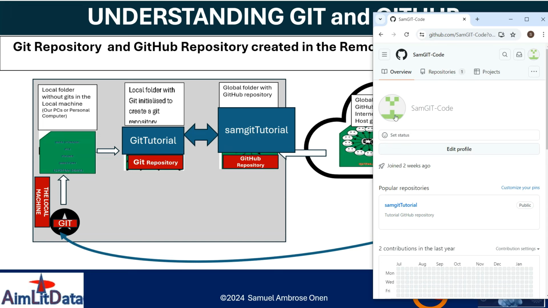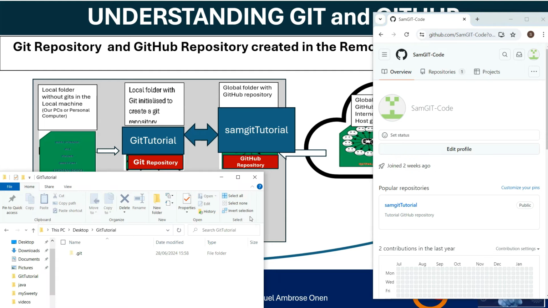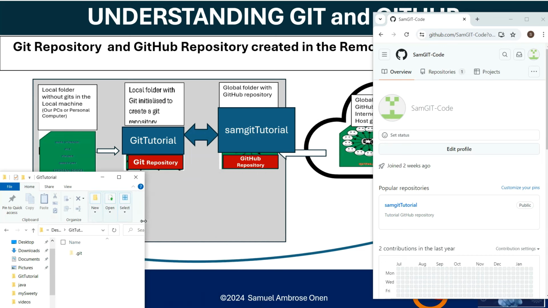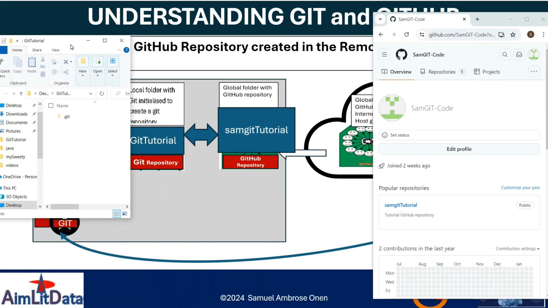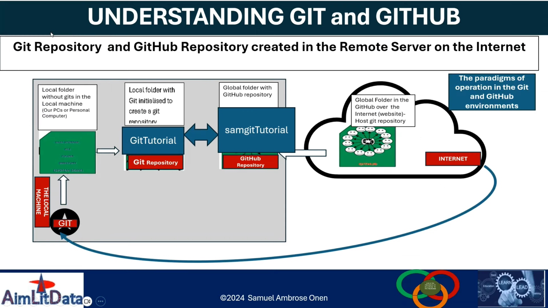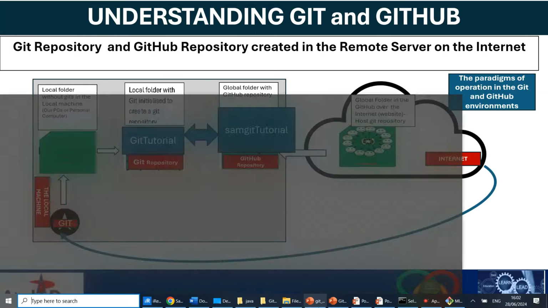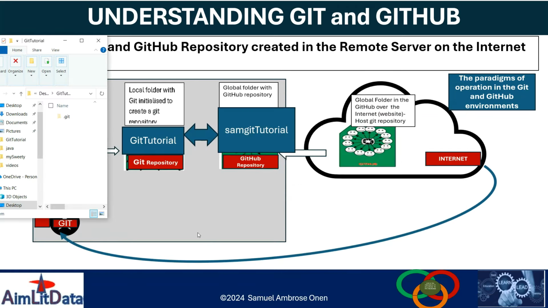This one is now sitting on the internet, whereas this Git is on a local PC. This one is on our local PC here. Let me put it side by side so that you can see. Sorry, I just want to demonstrate this concurrently.